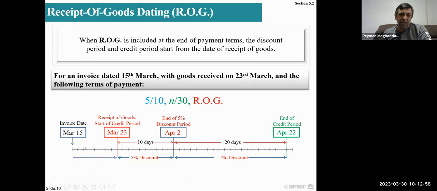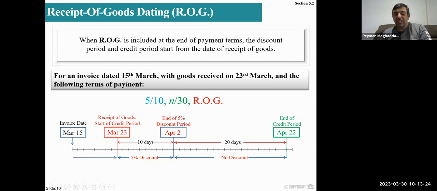One more thing I want to add: from your invoice date to ROG date, if the buyer decides to pay their invoice, they also get 5% discount. So from this date, basically March 15 to April 2nd, they get 5% discount. The reason is obvious: they haven't received the goods, but they want to pay.